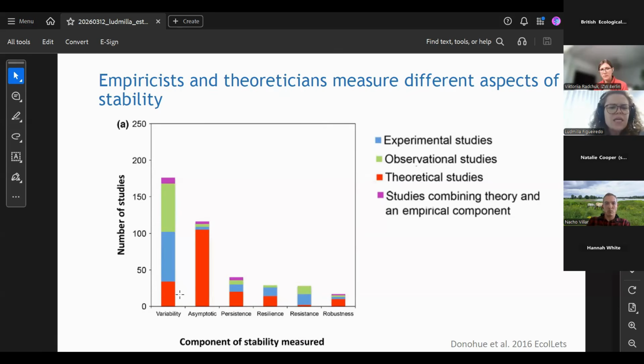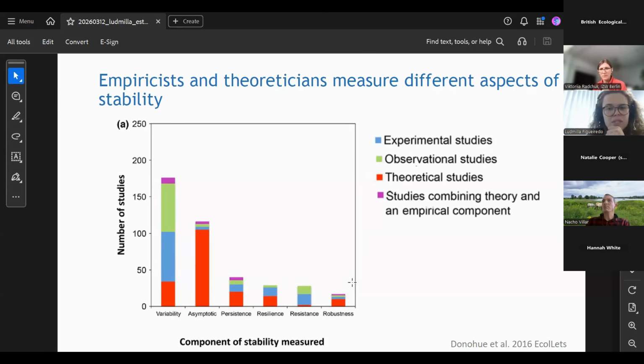But if we think about asymptotic resilience, and we're going to talk about all these metrics later, they're mostly addressed in theoretical studies. And we're like, okay, if addressing multiple aspects of stability is so important, we would like to see them applied to the variety of studies that we can have in ecology, right? So we would like to have a balance in this graph.